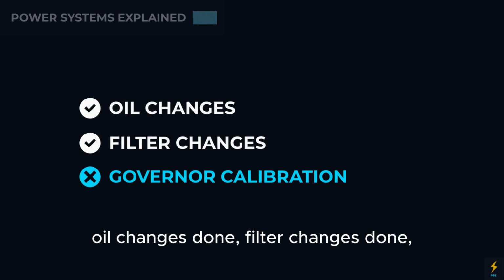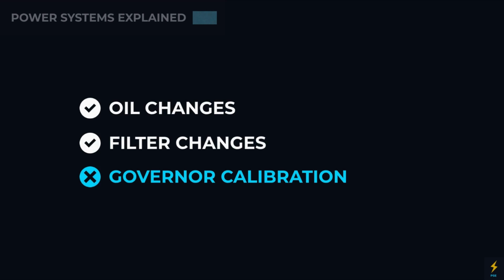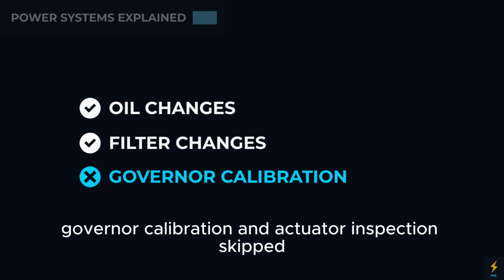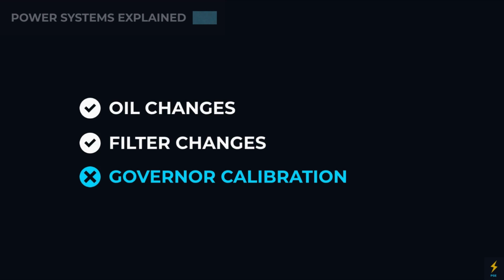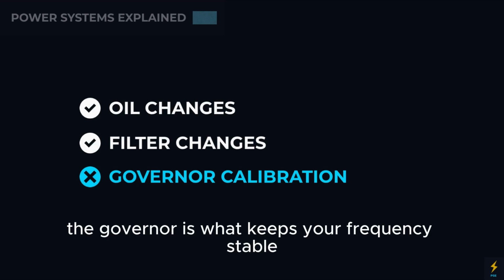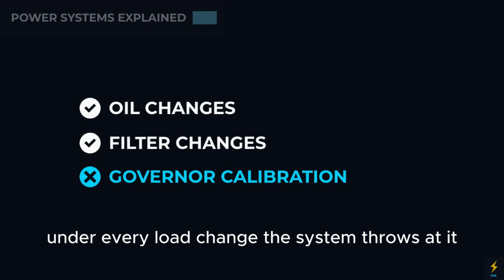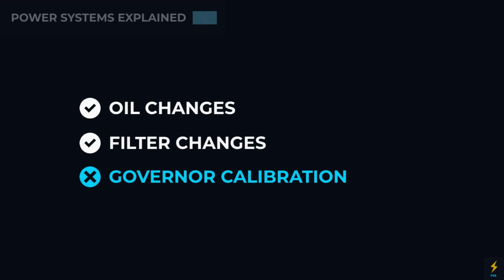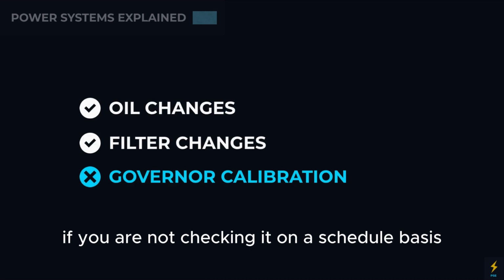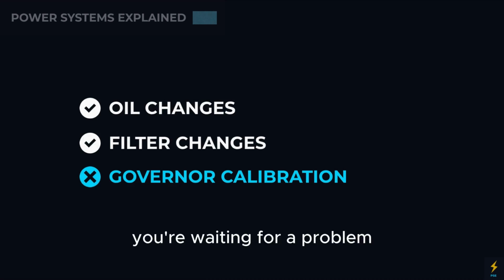Oil changes done, filter changes done, governor calibration and actuator inspection skipped. The governor is what keeps your frequency stable under every load change your system throws at it. If you are not checking it on a scheduled basis, you are waiting for a problem.